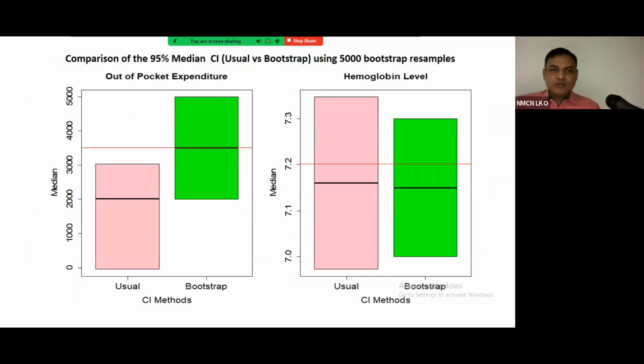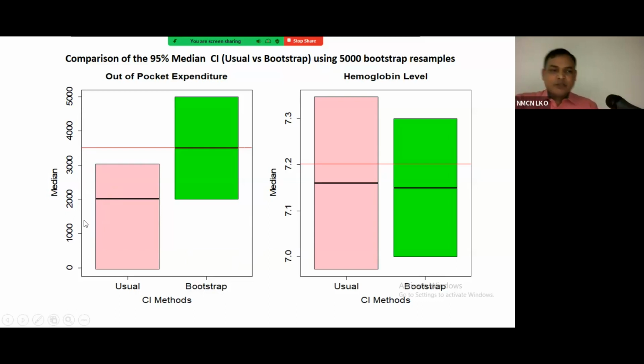Now, if you look at the confidence interval of this usual versus bootstrap, we found that in this case, the bootstrap method is more accurately predicting the median of the population.